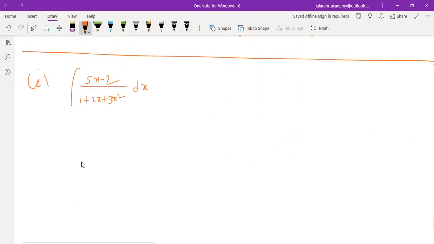So how to solve this? First, use the same method: L equals A into differentiation of Q plus B.